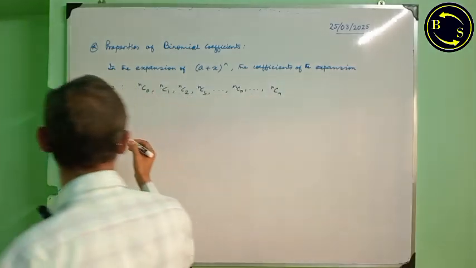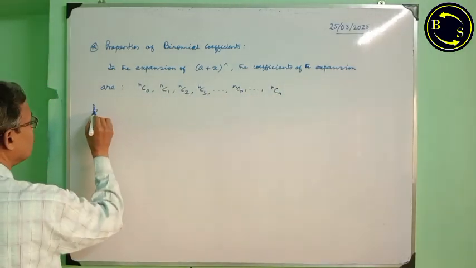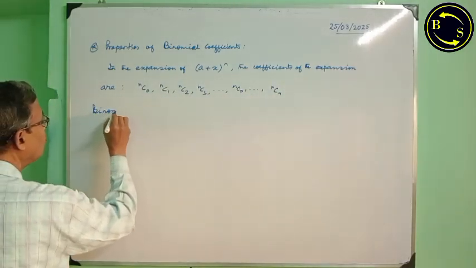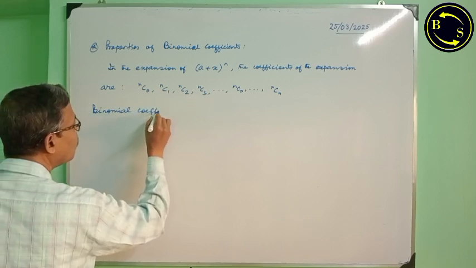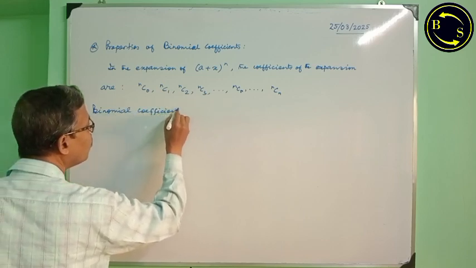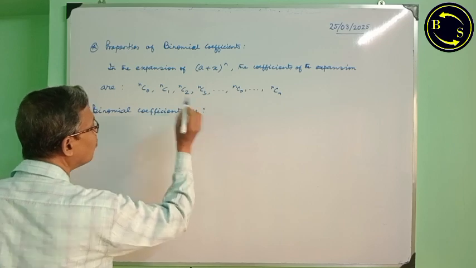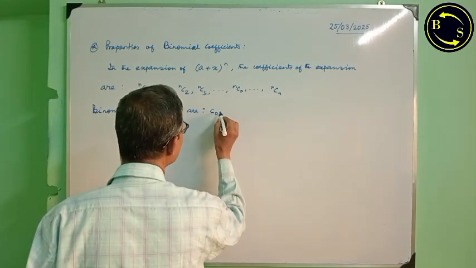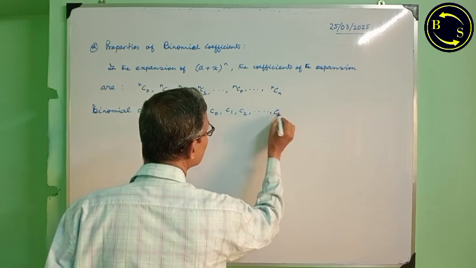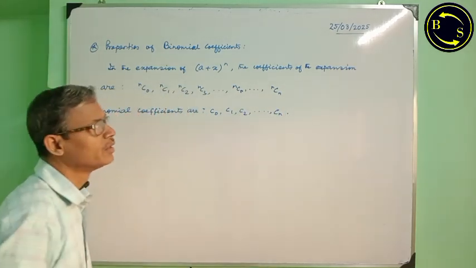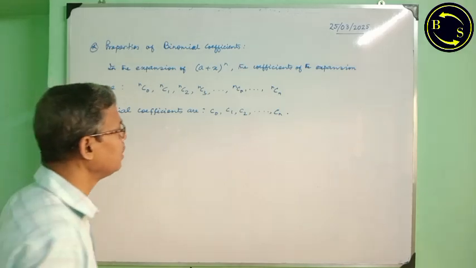That means binomial coefficients are C0, C1, C2, Cn. Here we have omitted n.